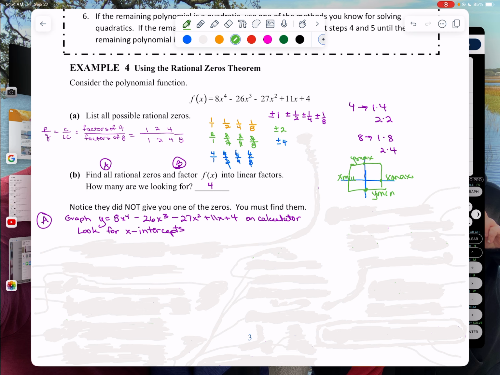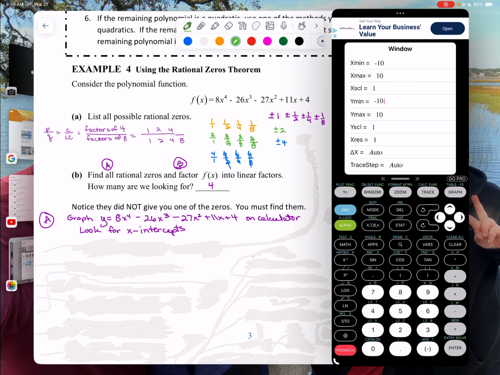I want it to be from negative 10 to 10 for this graph, negative 10 to 10. And that is a very, very common window. So when you go to graph and you hit window, see, mine's already set to that. If not, you can go in and manually set it negative 10 to 10, negative 10 to 10.